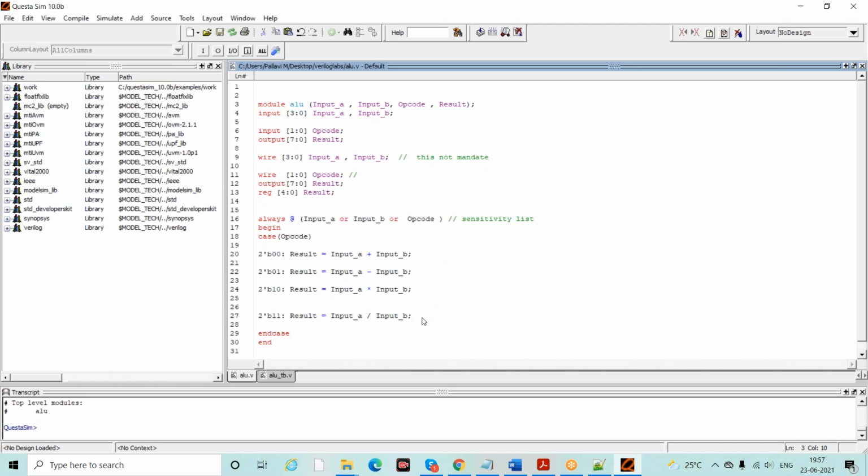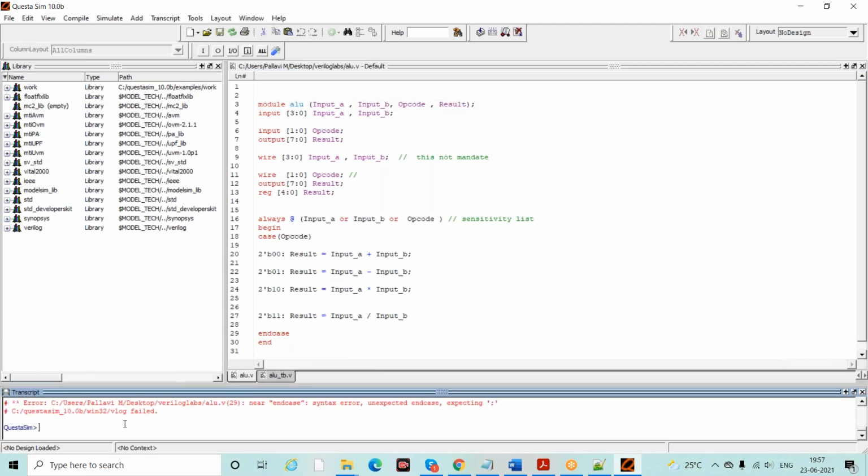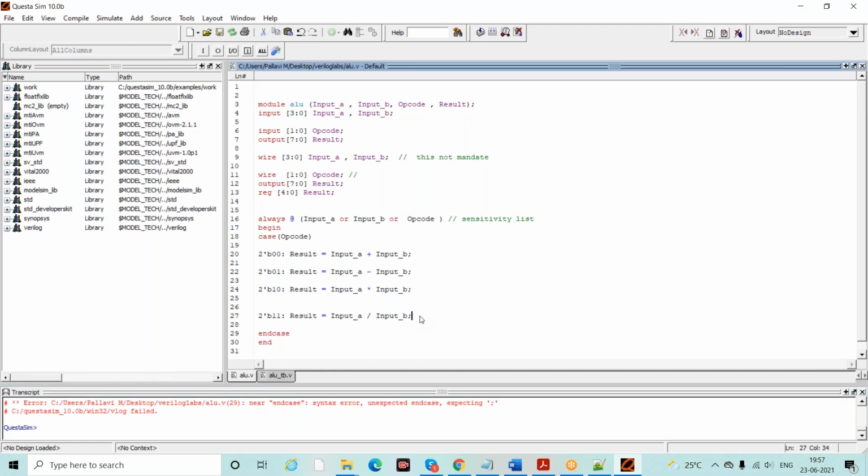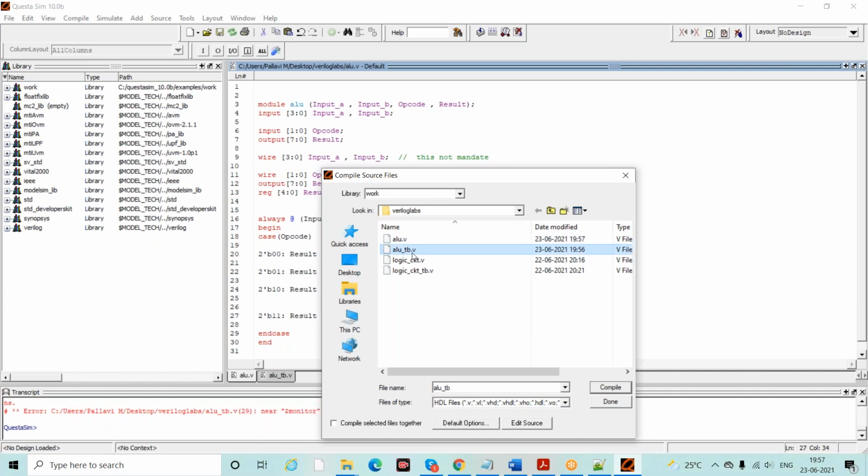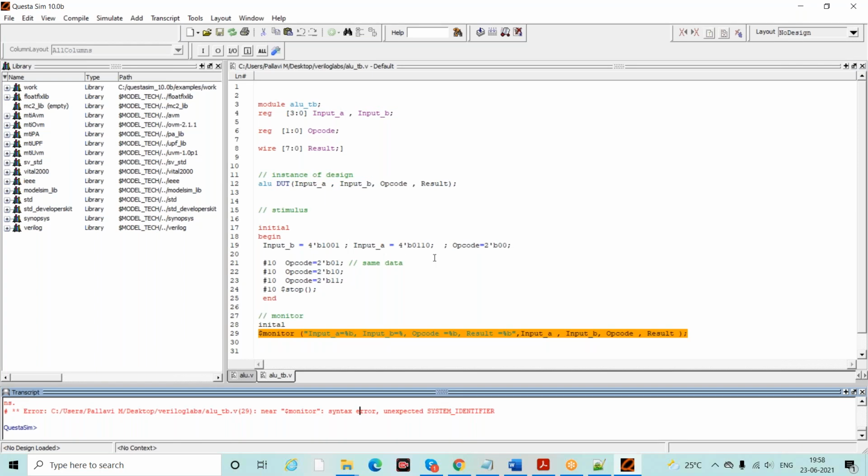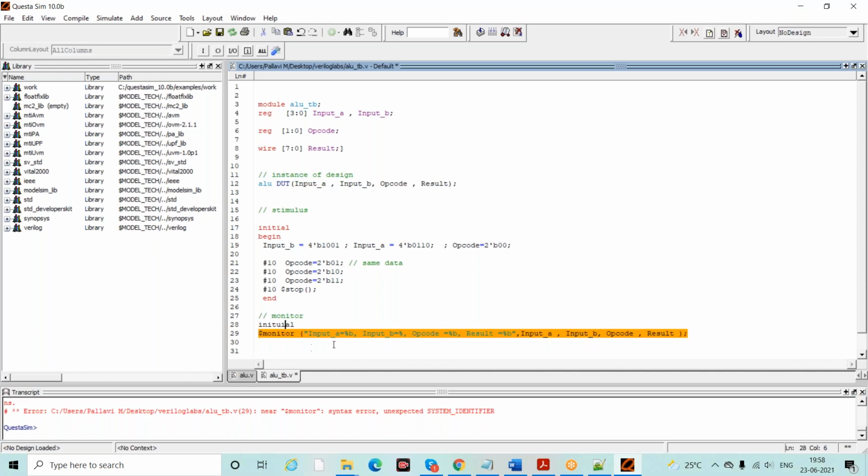If I remove anything and compile it, see, expecting near end case. In a similar way, I'm going to compile. Yes, here one error: initial, typing mistake. See, typing mistake.